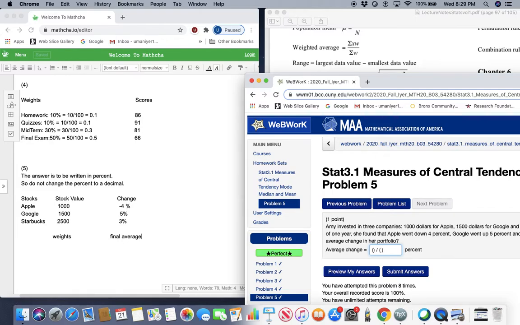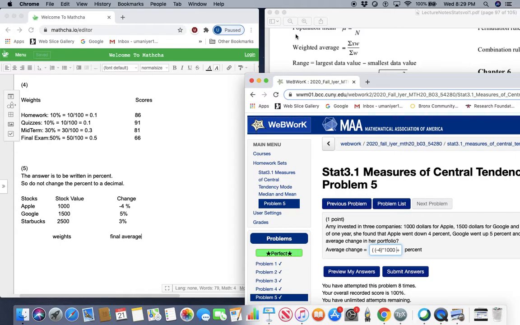So let's write numerator over denominator. Denominator, you have to add all the weights. 1000 plus 1500 plus 2500. And numerator is -4 plus 5 plus 3. Oh, I'm sorry. -4 times 1000.